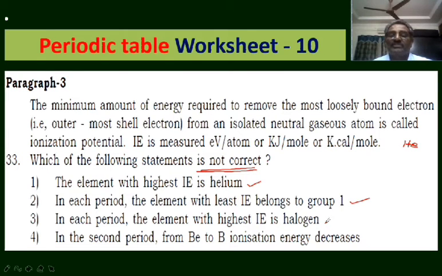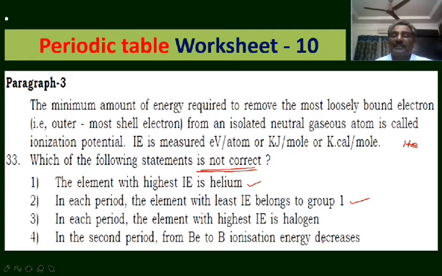In each period, the element with the highest ionization energy is halogen. If we exclude inert gases, the element with the highest ionization energy will be the halogen. Let us see this later. In the second period, from beryllium to boron, ionization energy decreases. Actually, ionization energy should increase from beryllium to boron, but beryllium possesses higher ionization energy because of its completely filled orbital.